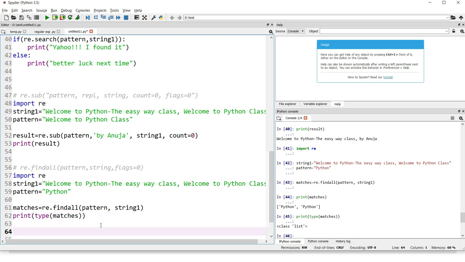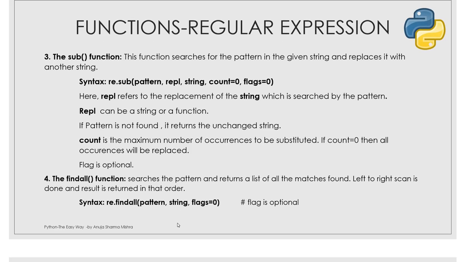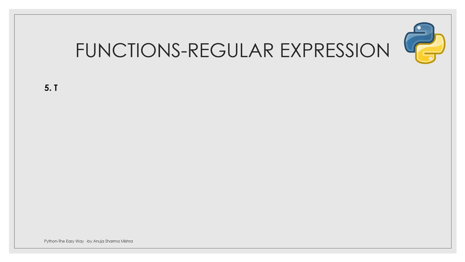Now the next part, we'll be moving on to a new function, that is finditer. This new function finditer is similar to the findall function, except that this time it returns you an iterator.